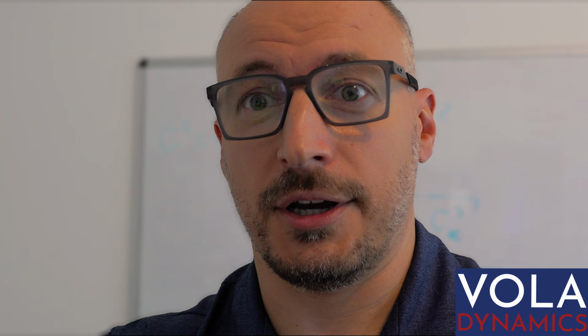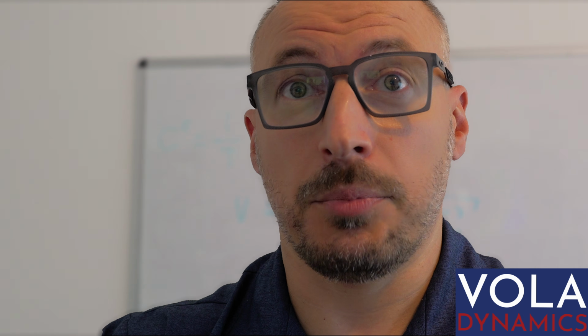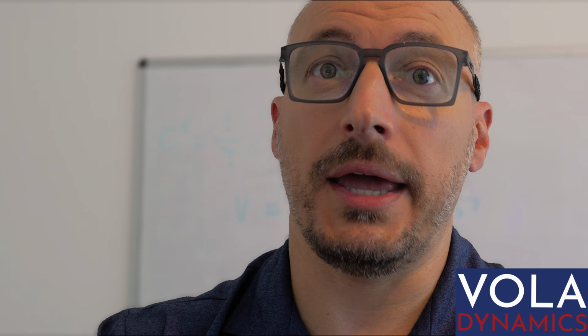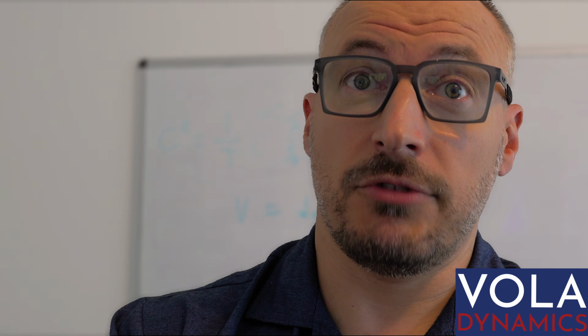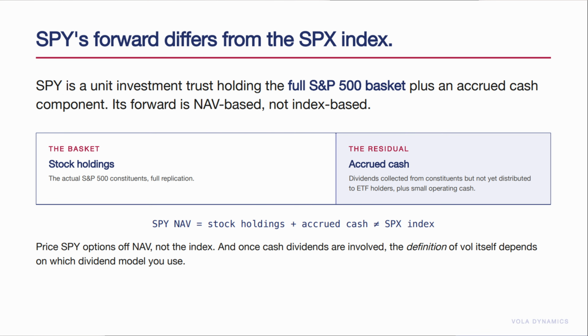If you throw in SPYs, the situation is more complicated because of several problems. One is that SPY doesn't really hold the S&P. It holds a replicating basket of the S&P and some cash component, all the dividends that have been paid before they redistribute. When you have cash dividends on SPY, you also need to figure out which dividend model you use.